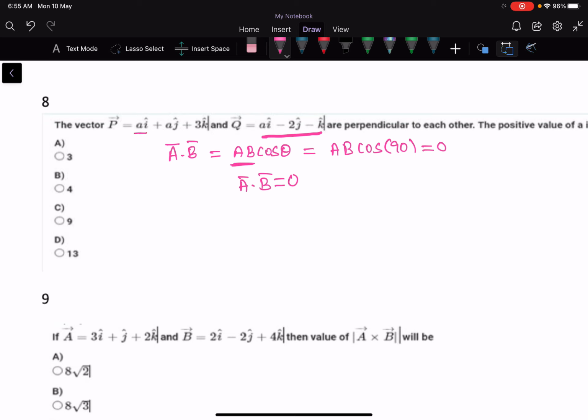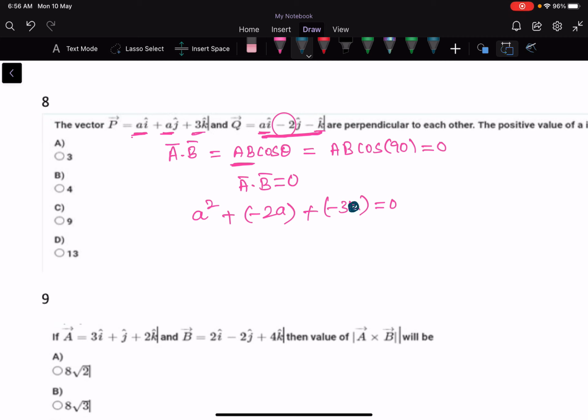So we multiply the x component of this one and the x component of this one: a into a is a square, plus a into minus 2 is minus 2a, plus 3 into minus 1 is minus 3, equal to 0.